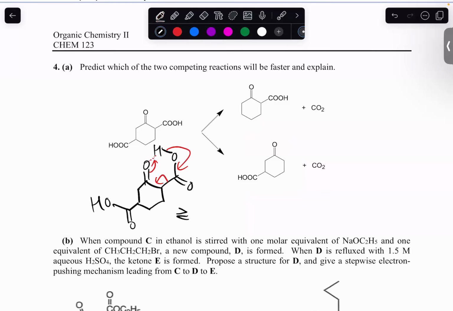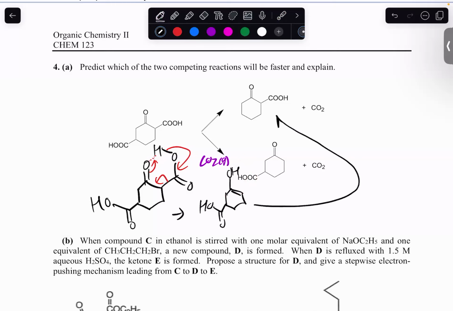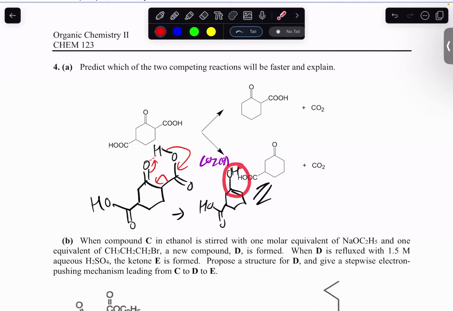And then we get this enol form right here, where this CO2 got emitted off as a leaving group, as a gas. And then this enol will just tautomerize back into its carbonyl form. Like this enol form will tautomerize into that ketone form.